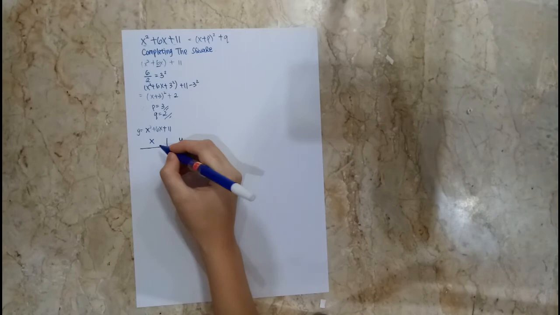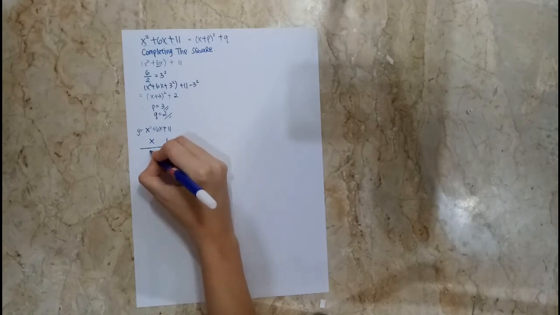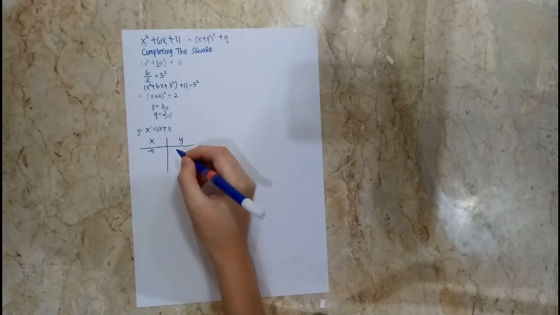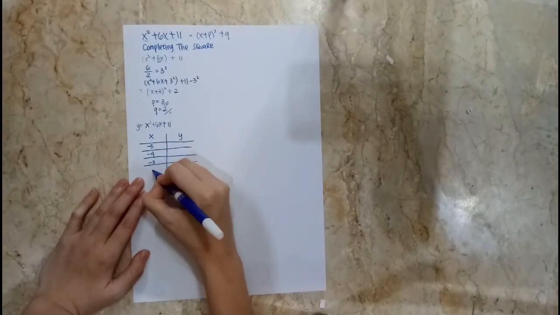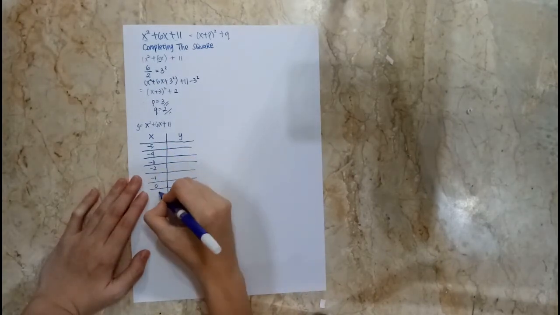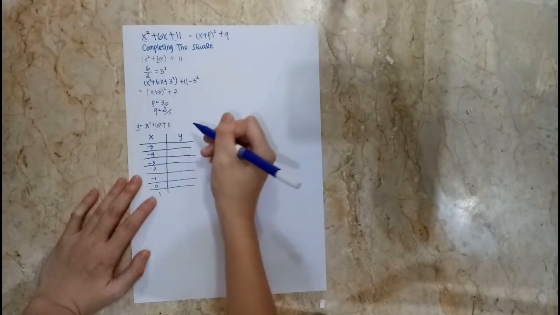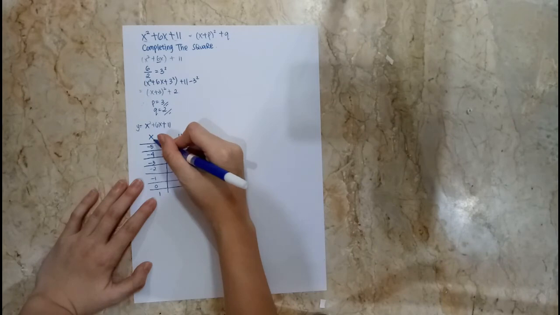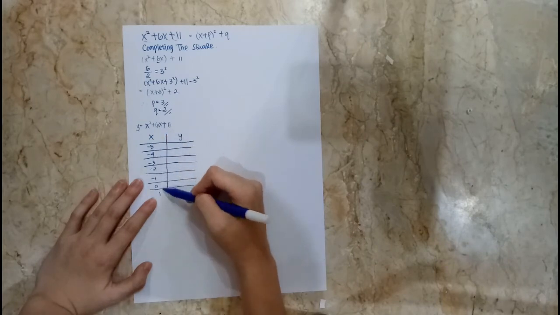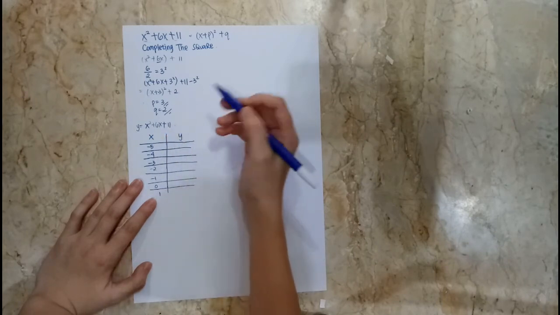I'm going to take values of x from -5, and next we just need to substitute every x value here into this equation.